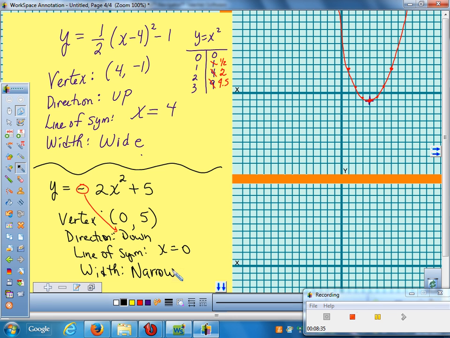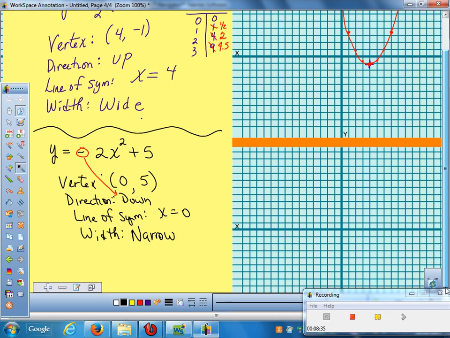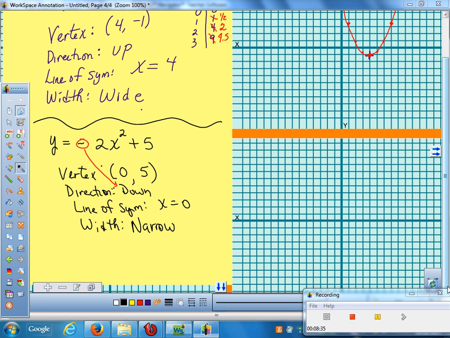What can you plot right now? We know the vertex is at 0, 5 because you know this thing went over 0, up 5. So you're starting up here. That's going to be the vertex. You all told me this baby is going to come down from there, but I need the actual points to plot.